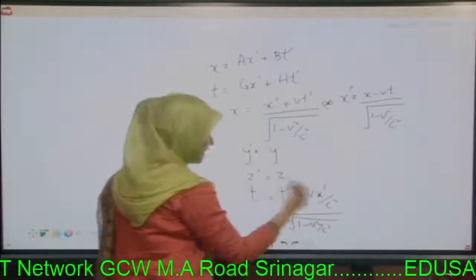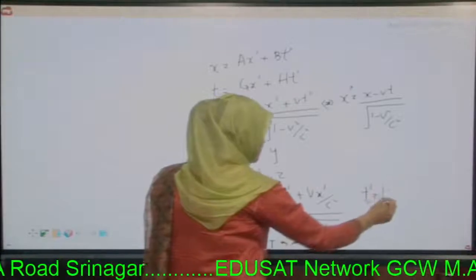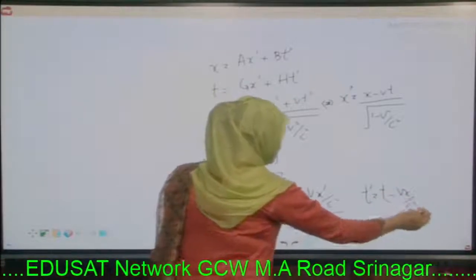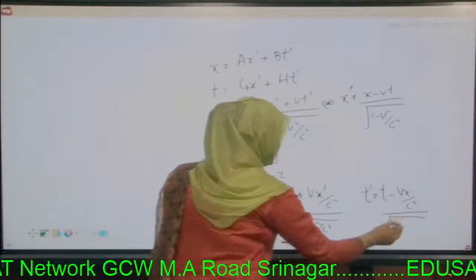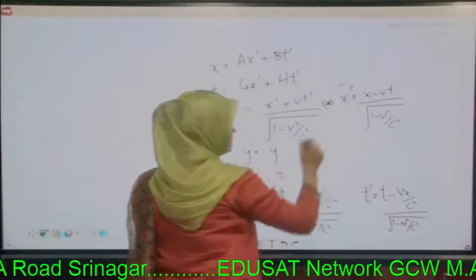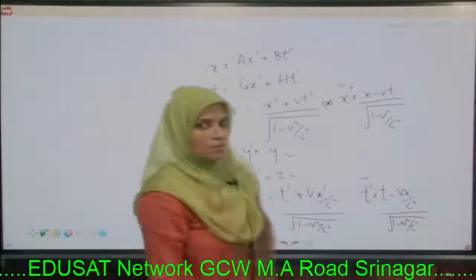And when you invert that, what do you get? You get t dash is equal to t minus vx by c square whole divided by 1 minus v square by c square. And these 4 equations, 1, 2, 3 and 4, are called Lorentz transformation equations.